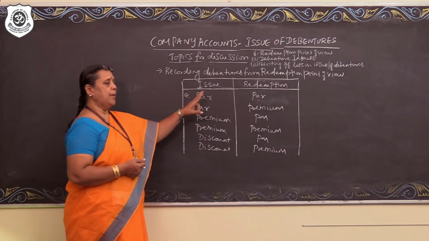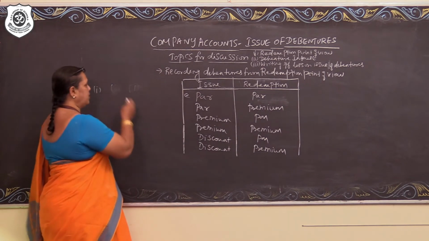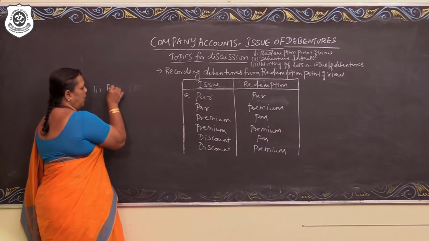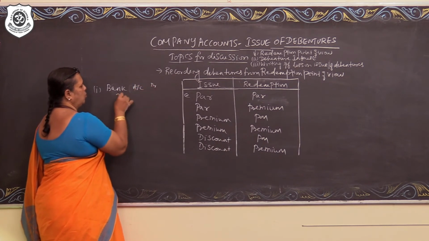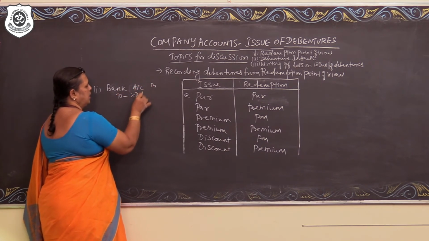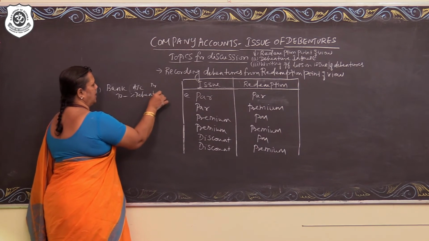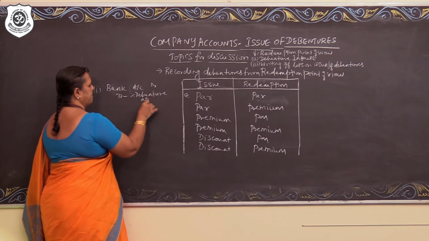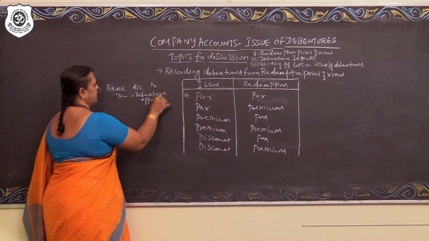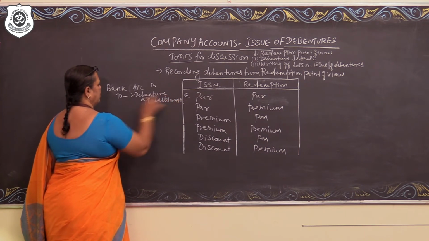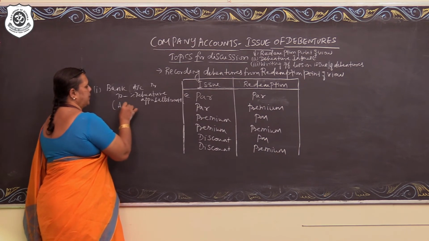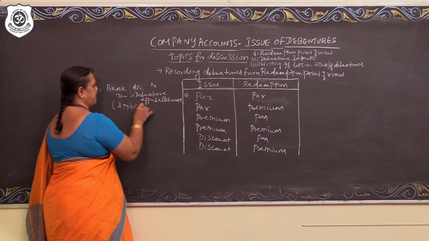Case 1: issued at par, redeemable at par. So, what are the journal entries? Entry number 1: bank account debit to -% debenture application and allotment account. This will be application money received.